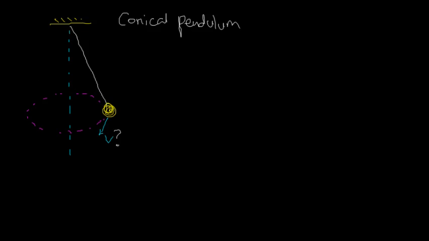Suppose that I would need this angle. So suppose that this angle is 30 degrees. I would need the mass of the pendulum, or the little ball. Let's say this is 0.01 of a kilogram.